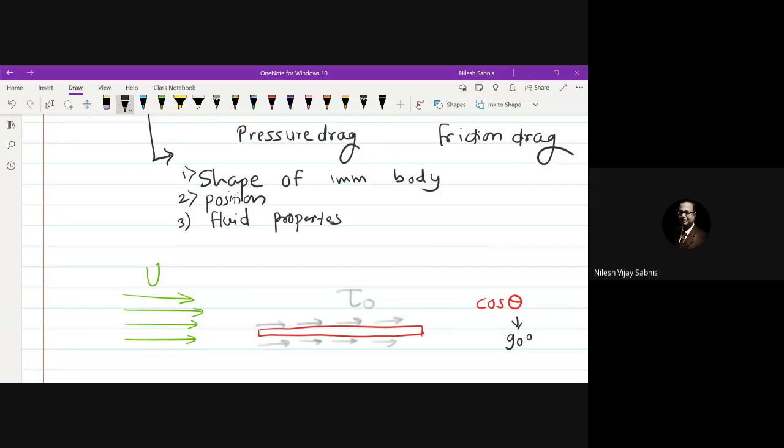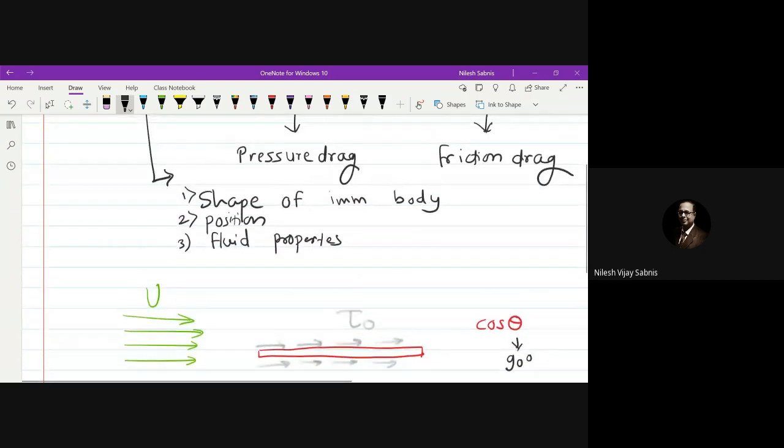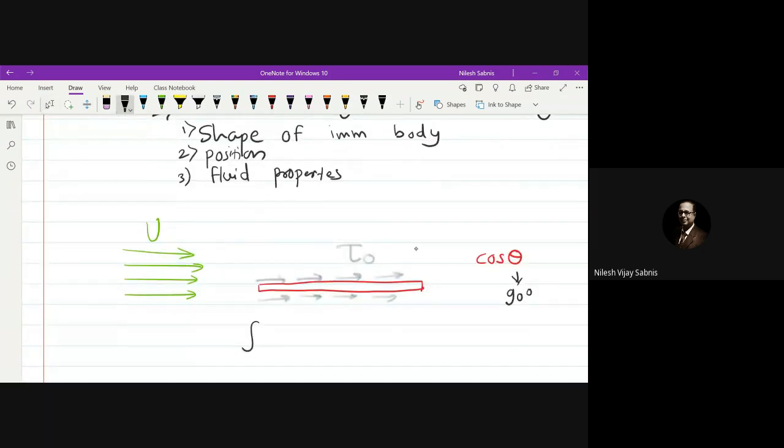So the term integration P cos theta dA will be integration P cos 90 degree dA, which is nothing but 0. Hence, total drag will be equal to friction drag.